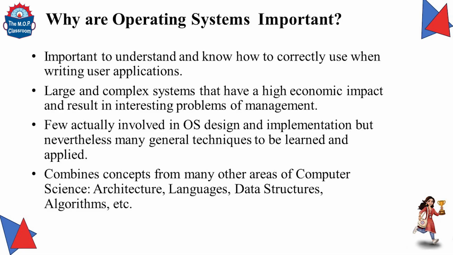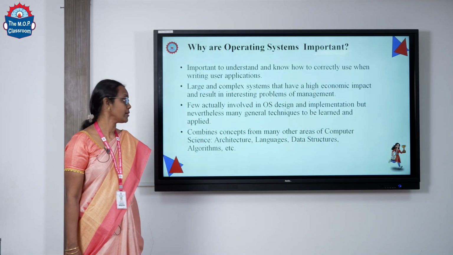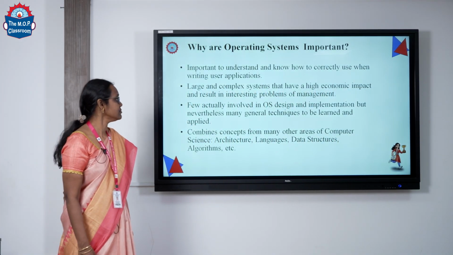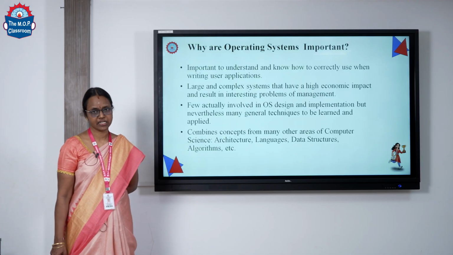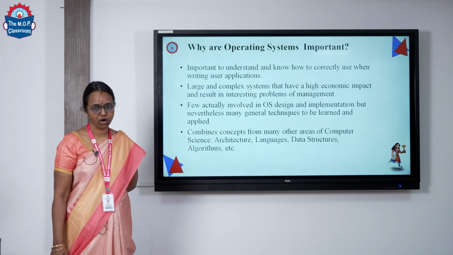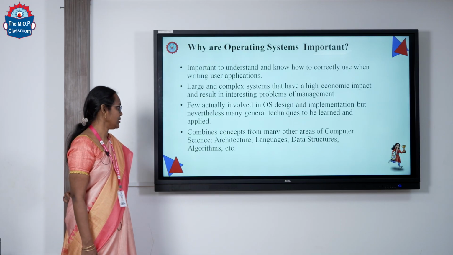Why are operating systems important? Operating systems are important to understand how to correctly use them while writing user applications. Large and complex systems have high economic impact and result in increasing problems of management. So, you should have an efficient operating system to manage such impacts.